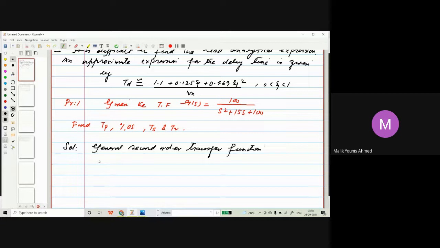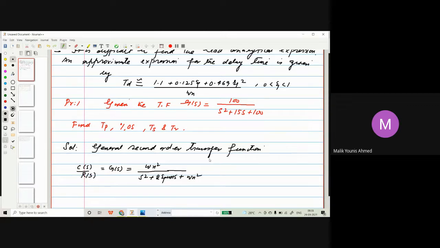C of S by R of S is equal to G of S, and that is equal to omega n square divided by S square plus 2 xi omega n S plus omega n square.